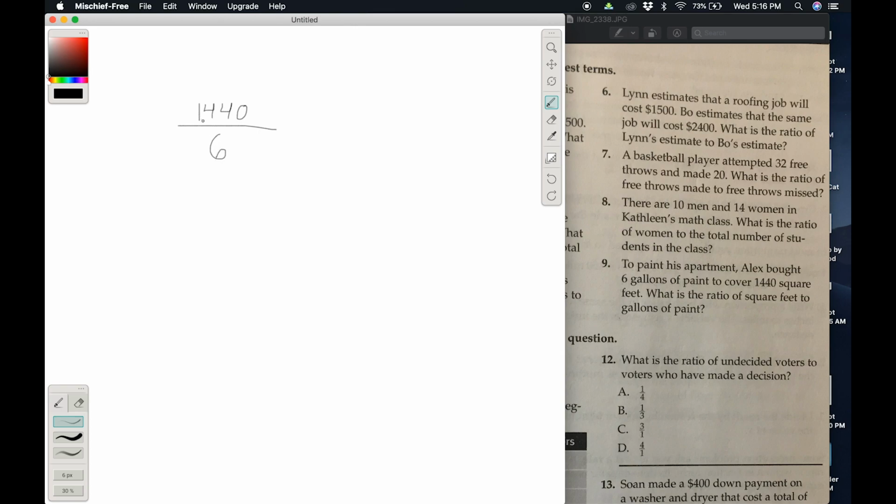Does 6 go into 1,440? Well, I know 1 plus 4 plus 4 is 9, and I know 3 goes into both of these numbers. Not super certain, but I know 3 goes into 6, so let's try 6 into 1,440.